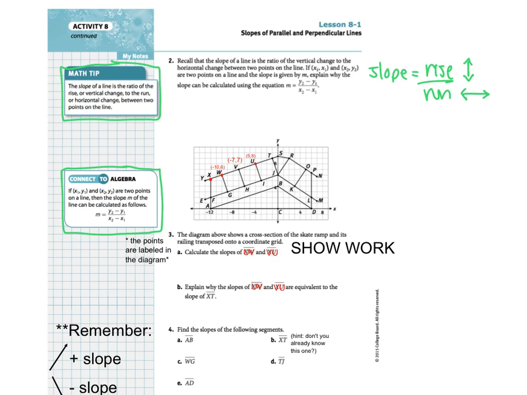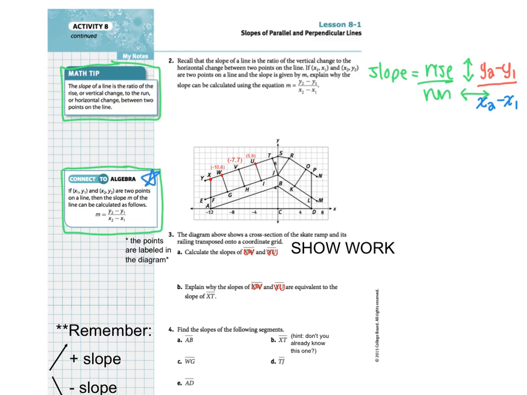So to find the rise, we're going to take the two y values and subtract them. Now the run is the horizontal distance, and the x-axis goes horizontally on a coordinate grid. So to find the run, we're going to take the x values and subtract them.